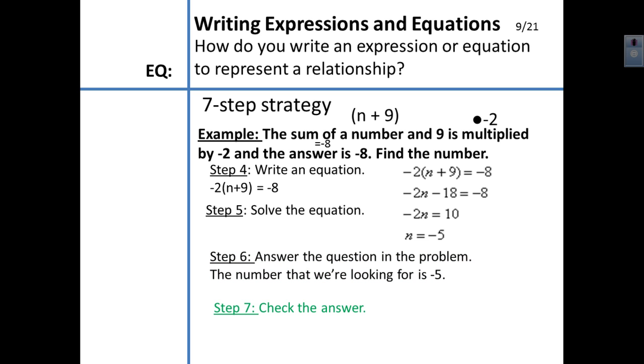Then the last step is to check our answer, because sometimes we can end up with an answer that doesn't make sense or doesn't work. So we always need to do that. And how do we check for our answer? Well, again, let's do this quickly.